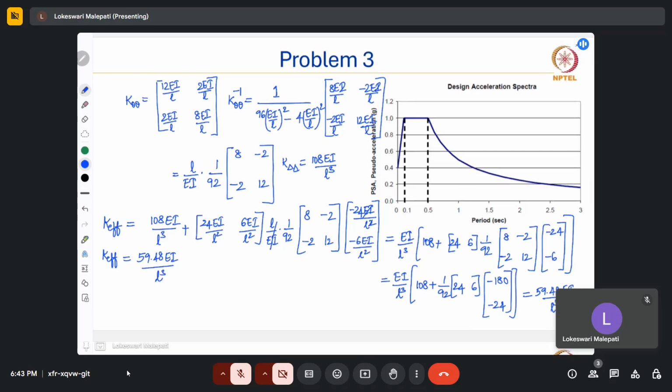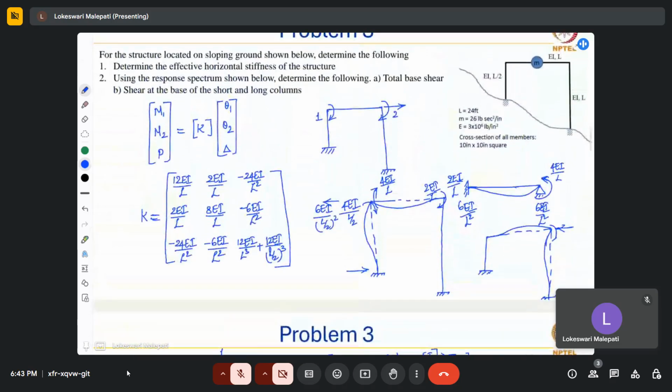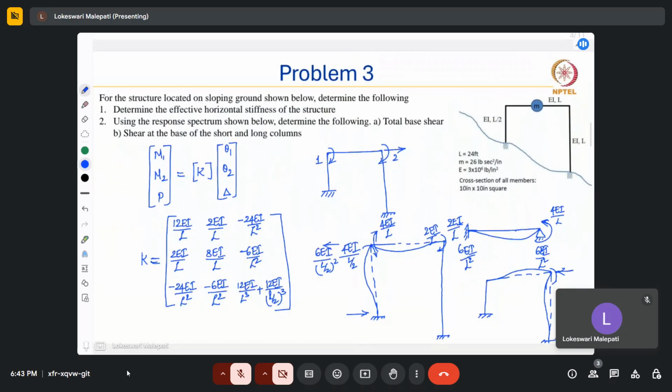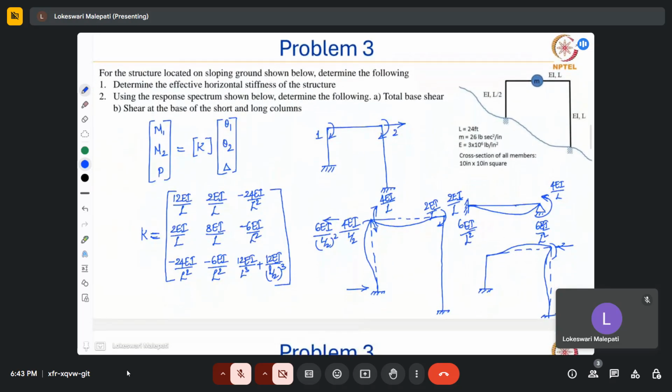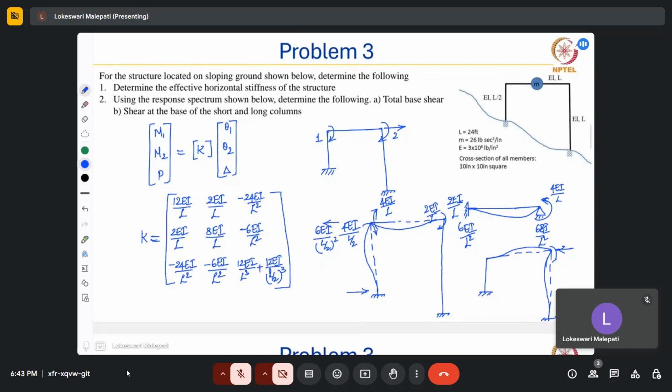So now they have given in the question the values of Young's modulus, length and other section properties. So using them, we need to find out the actual value because we need to find out other elemental forces as well.